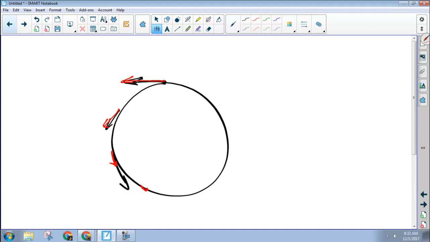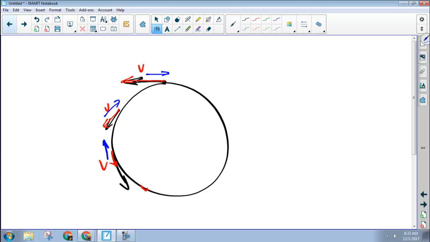In my drawing, the car is going counterclockwise, so the tangential acceleration is pointing clockwise, against the velocity. These are my velocity vectors, and my acceleration vectors point the opposite direction.